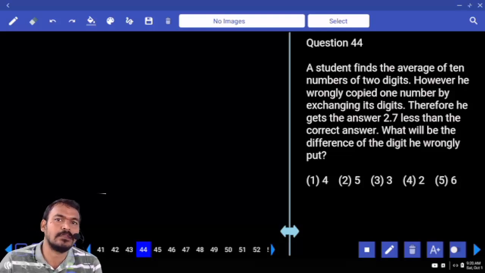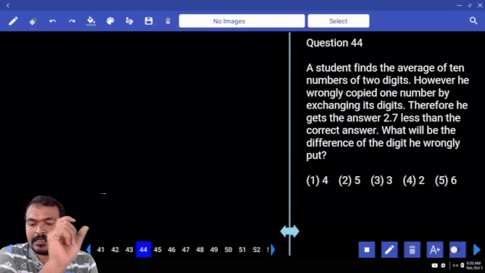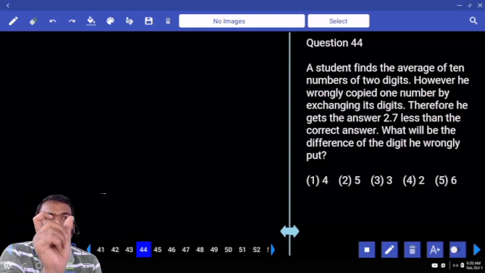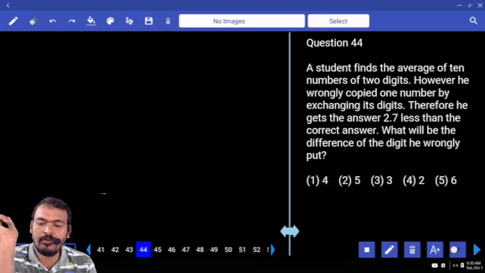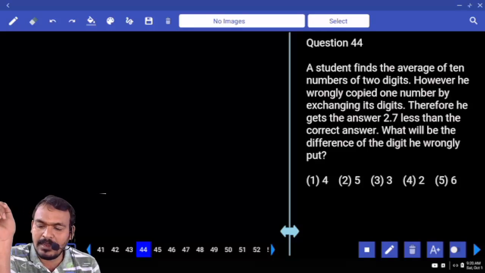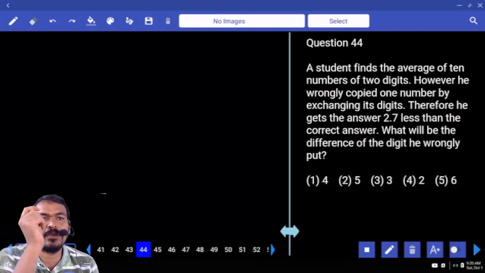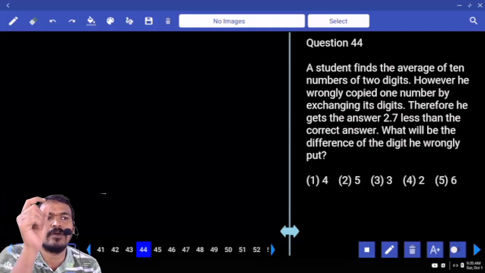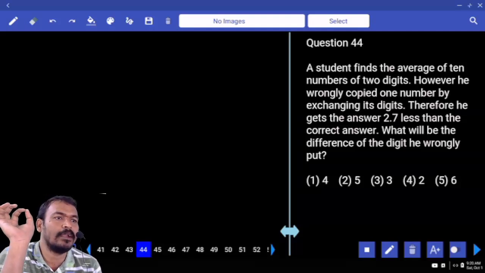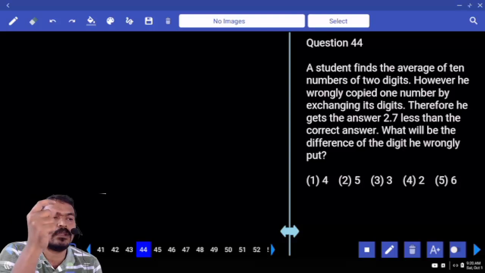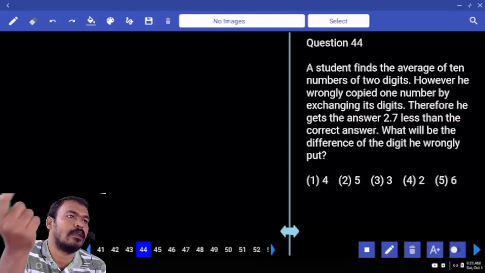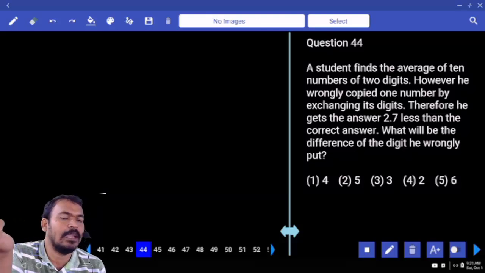Means one number, exchanging its digits: originally it is AB, interchanging means BA, and therefore he gets the answer 2.7 less than the correct answer. Means compared to the original answer, how much less is he getting? 2.7 less. After exchanging digits we get the new answer, and compared to the original answer, how much lesser? 2.7 lesser.